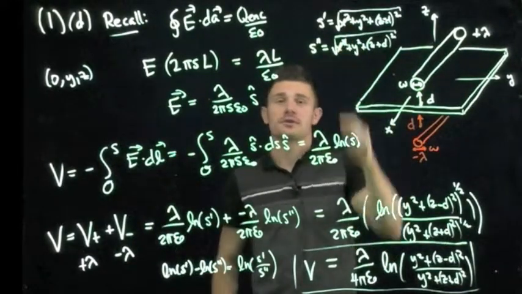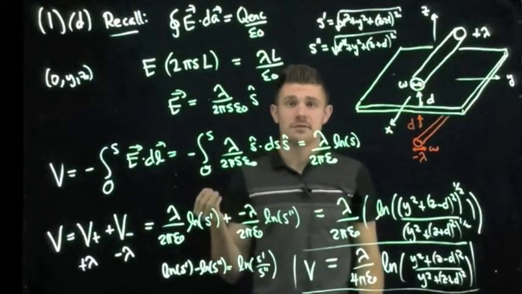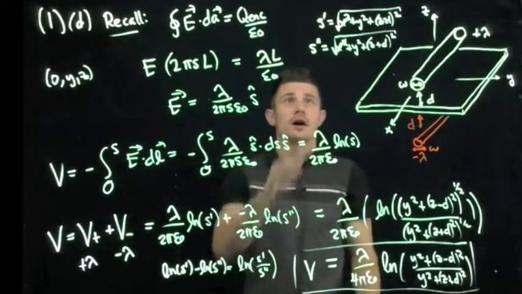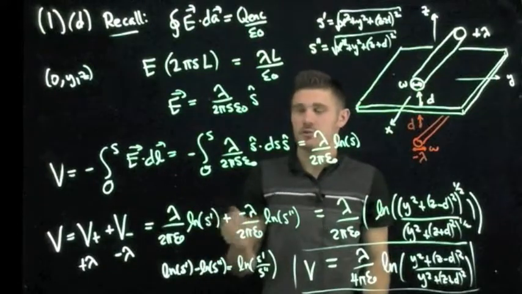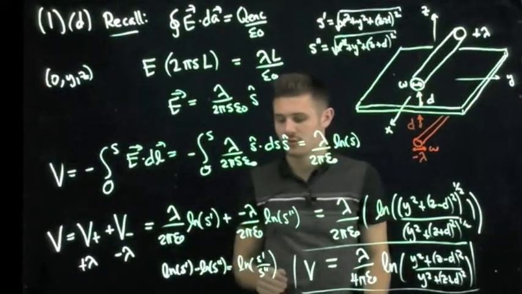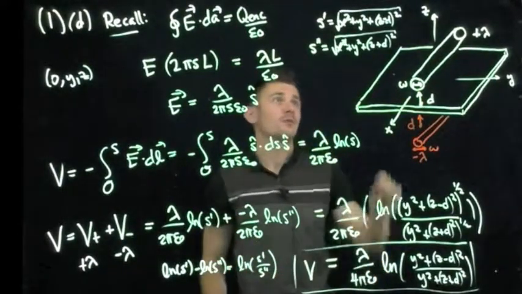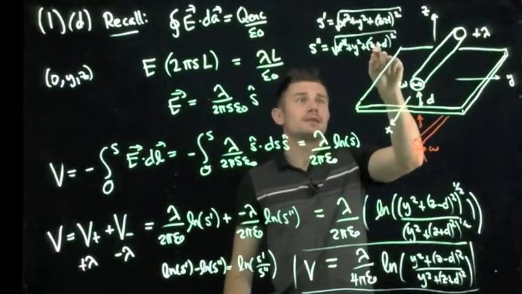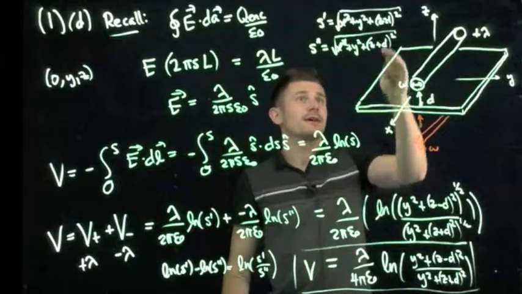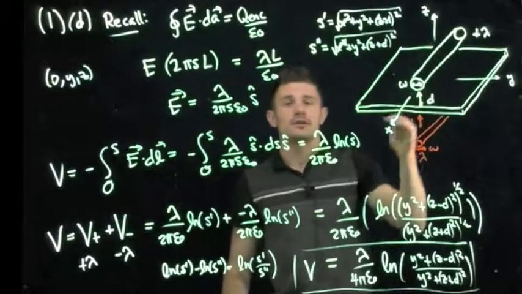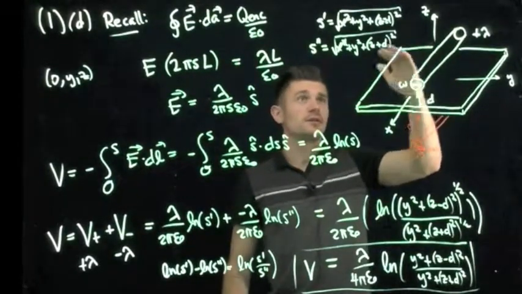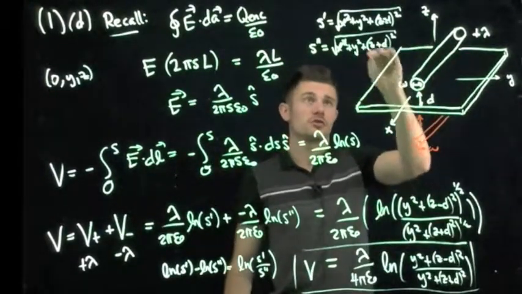Again, we set x equal to 0 because we're looking at the point x equals 0, y, z. We can plug s prime and s double prime into our equations, making the simplification from the logarithm rules. We have this z minus d and z plus d difference because the positively charged rod starts above the conducting plane, and the negatively charged rod starts below.